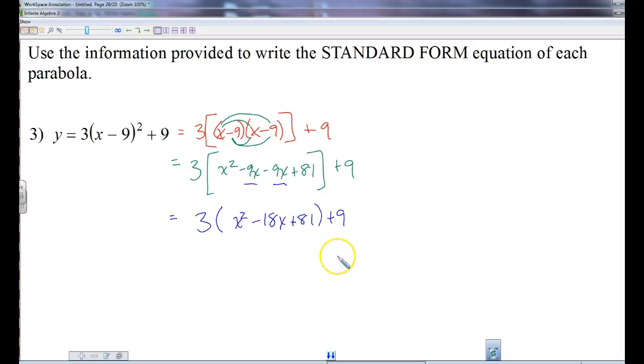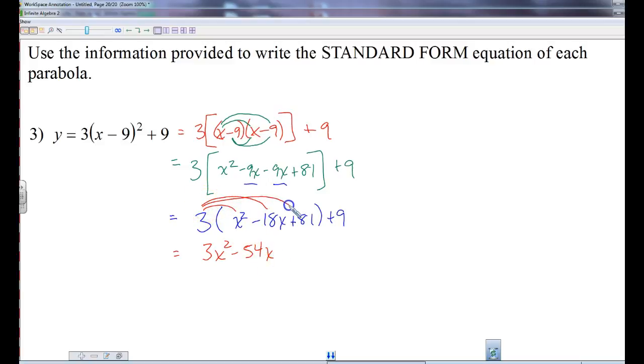Alright, before I can add that 9, I've got to do my multiplication. Multiplying comes before addition. So multiplying that out, 3x squared. Now 3 times negative 18, check on your calculator for me, but it's negative 54x.